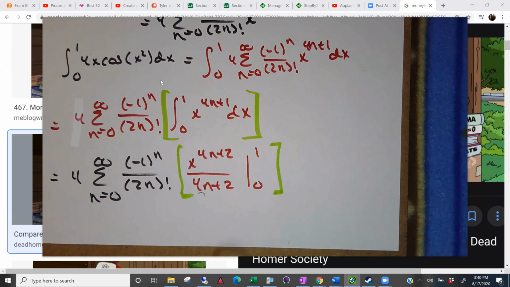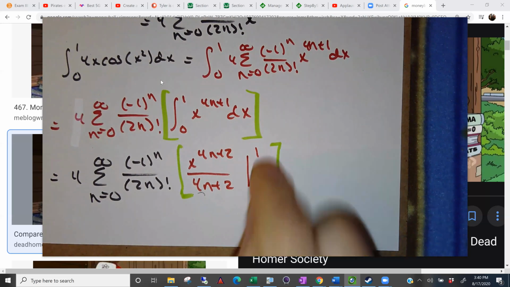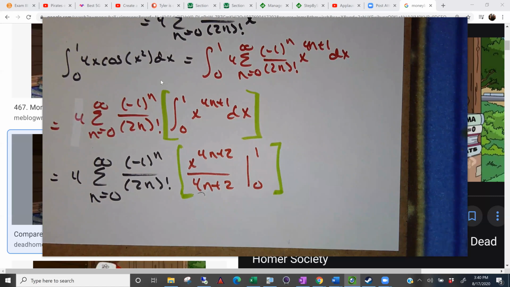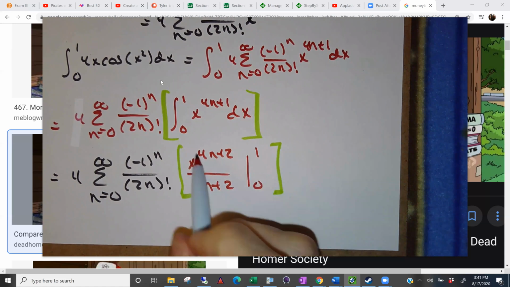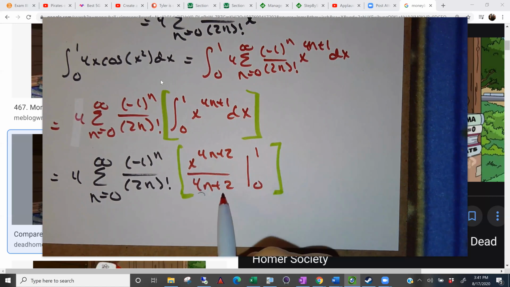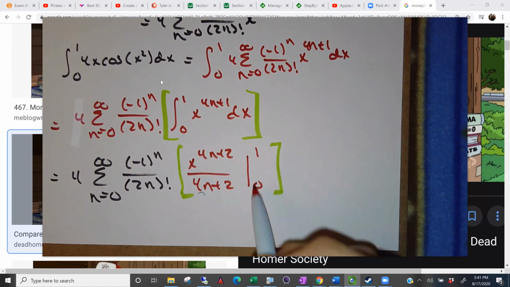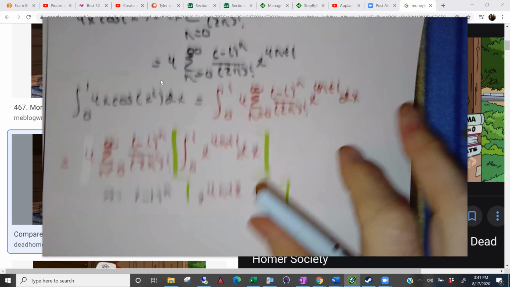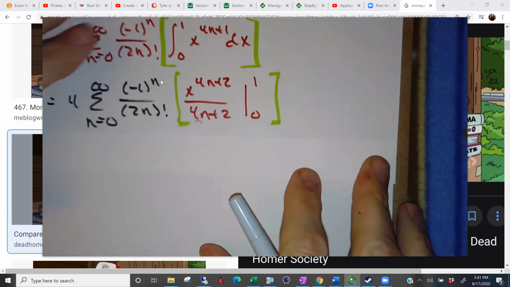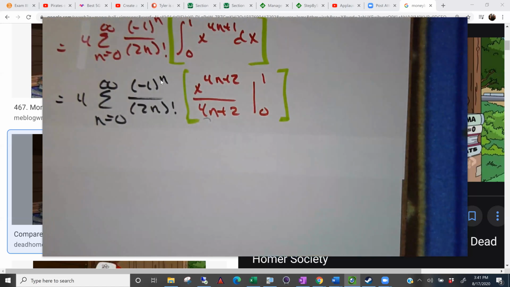So now you've got to plug in the limits of 0 to 1. You can see how kind your instructor was, because at least one of them is 0, right? And plugging in a 1 is not going to be that bad. It's just going to be 1 over 4n plus 2 minus 0. So let's take a look.